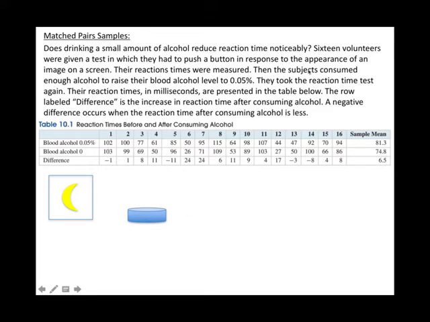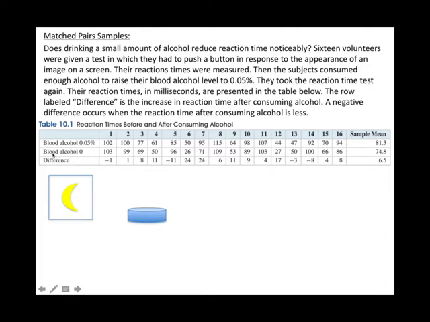Then the subjects consume enough alcohol to raise their blood alcohol level to 0.05%. After they consume some alcohol, they take the reaction time test again. Again, they look at the screen, and when they see the image, they press the button and their reaction time is recorded. So we have 16 volunteers and 16 pairs of data.